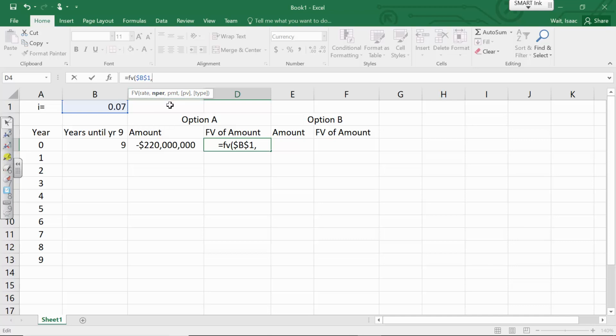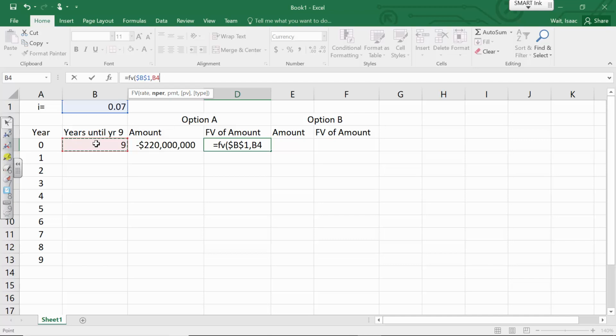NPER, what's that an abbreviation for? Number of periods, good. Remember, not every period is a year necessarily, so that's why they didn't call it NYERS or whatever. It's not number of years, because maybe we are solving this in months. In this case, the periods are years, but what we're going to use is years until the future that we want this to go to.